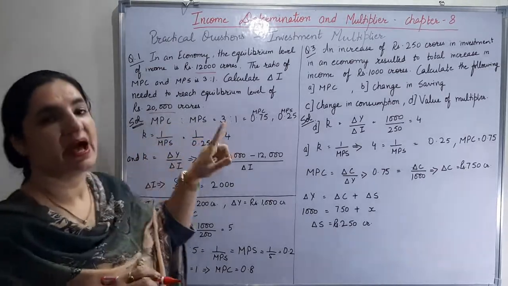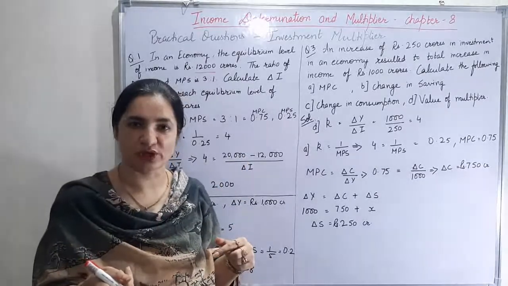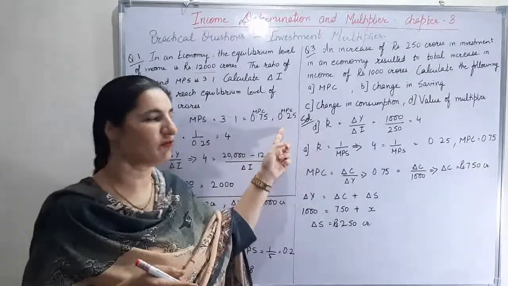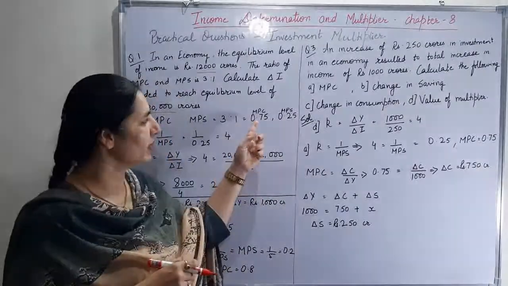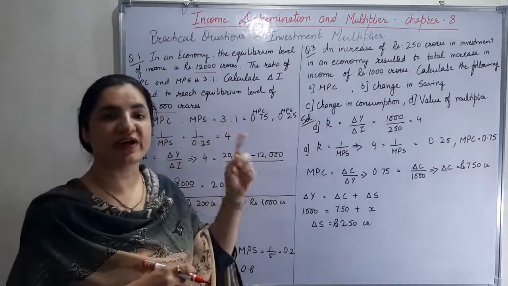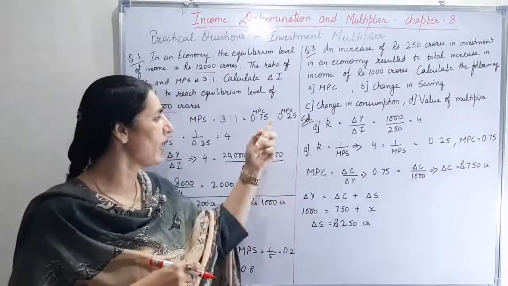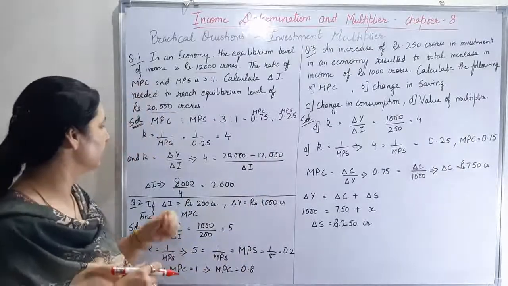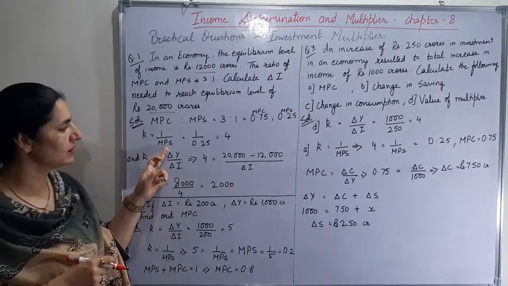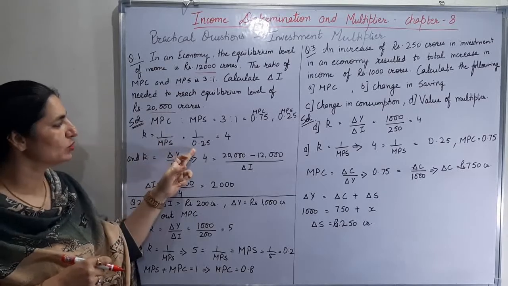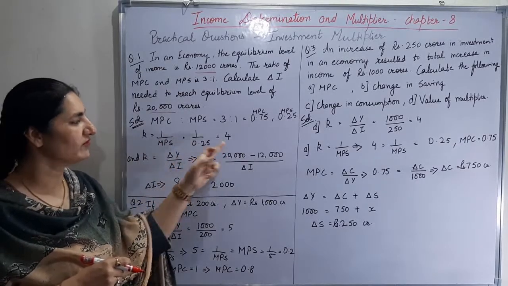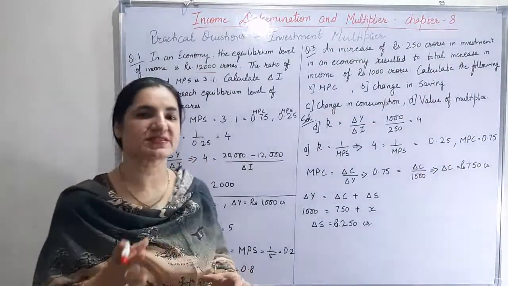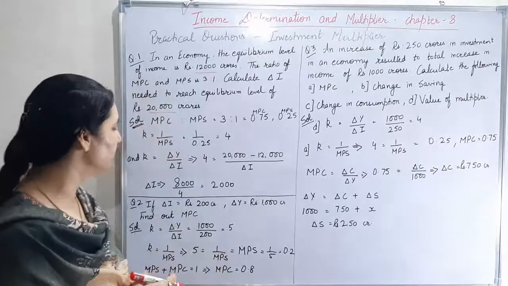So definitely, as MPC plus MPS is equal to 1, it will be 0.75 to 0.25. So the value of MPC will be 0.75, that is 3/4 of 1, and MPS is 0.25, that is 1/4 of 1. Then K is equal to 1 by MPS, so it is 1 by 0.25, that is 4. 4 is the value of the multiplier. It is always expressed in times, so 4 times is the value of the multiplier.